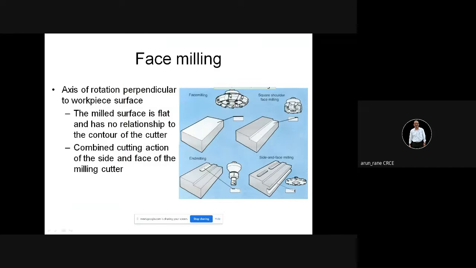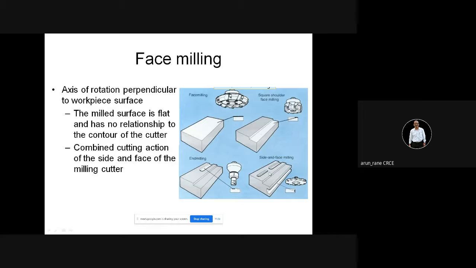Like this is your face milling, this is your shoulder face milling, that is for 90 degree. Then this is the end milling operation. This is a blind one, it is not open through and through. Now again, these are the slots.